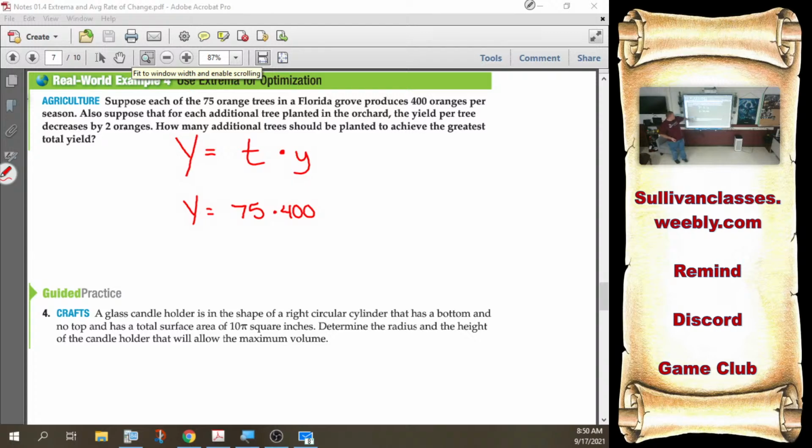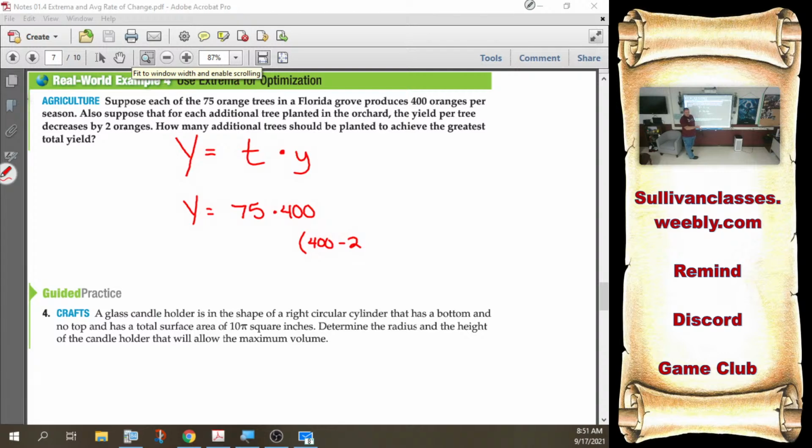Well, yeah, this is yield per season, right? Okay, we're going to have to take that yield and turn it into 400 per tree, right? Yield times the number of trees. And it's going to go down for every tree that I add.